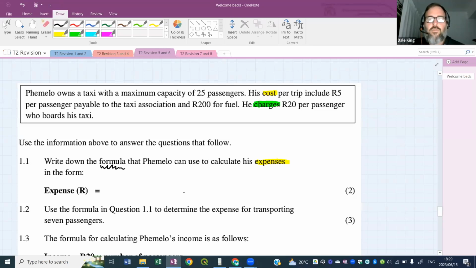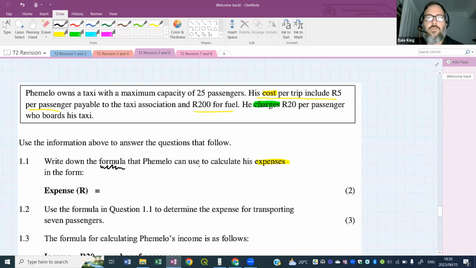Who's brave enough to try and help me build this formula? His expenses can be calculated by doing something. And this sentence here at the top, which says his cost per trip includes 5 Rand per passenger and 200 Rand for fuel per trip, needs to be incorporated in this.